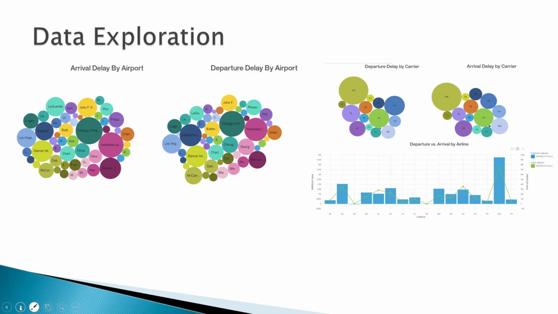And on the right hand side, it indicates that the delays are influenced by carrier as well. For example, WN, which denotes Southwest Airlines, has a lot of departure delays and arrival delays. And you can also see United Airlines and American Airlines have a significant effect on departure delays and arrival delays.